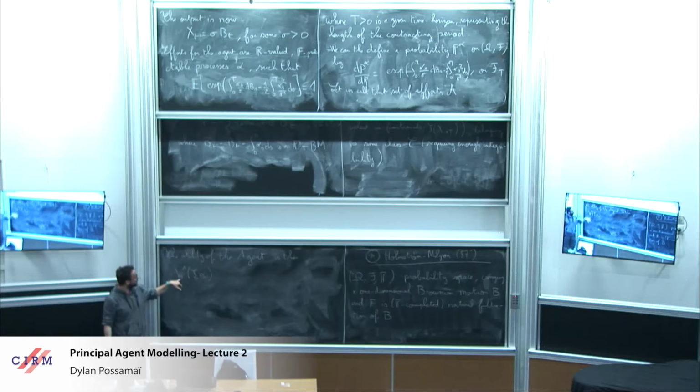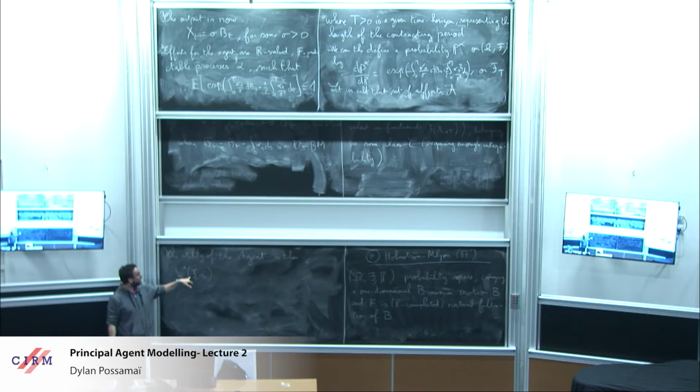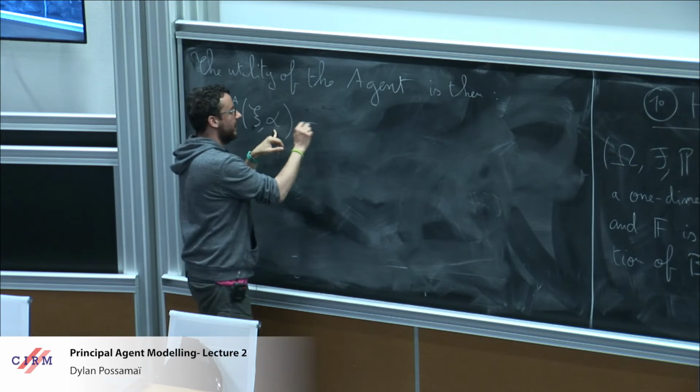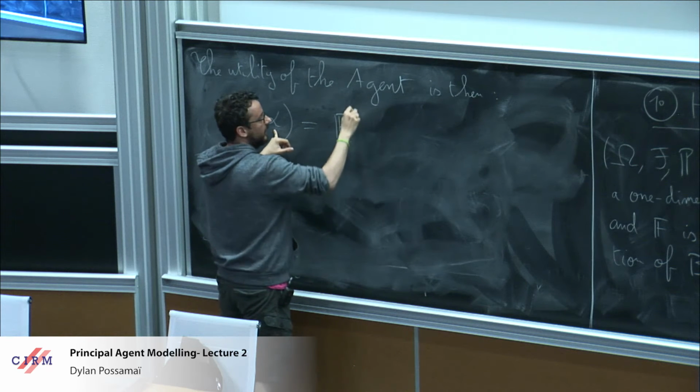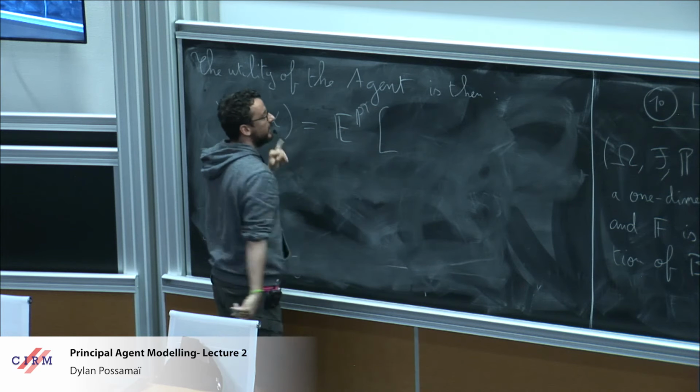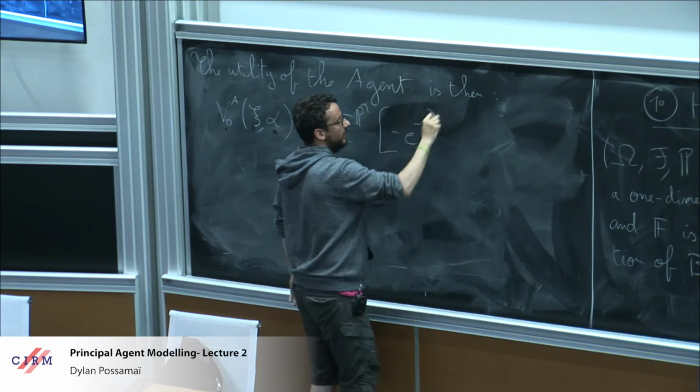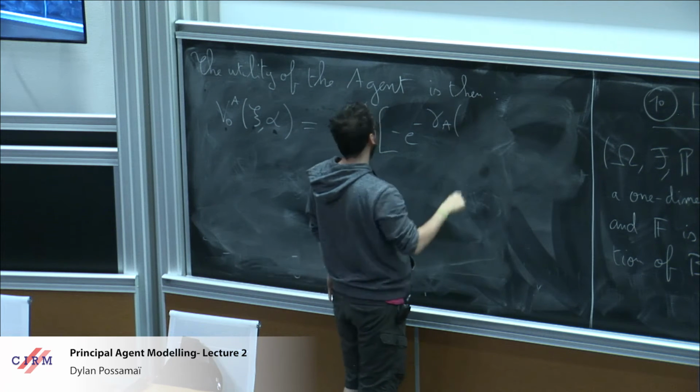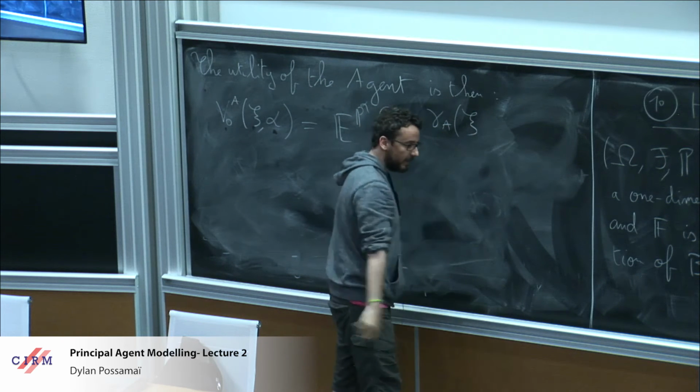This is the utility that the agent gets when offered the contract psi and choosing the effort alpha. I'm just calling the efforts alpha instead of A compared to this morning. But this will be exactly as before, expectation under P alpha, and then some exponential utility of psi.